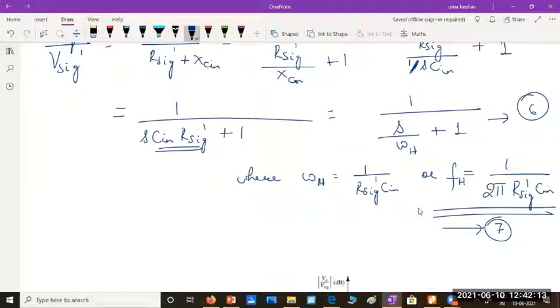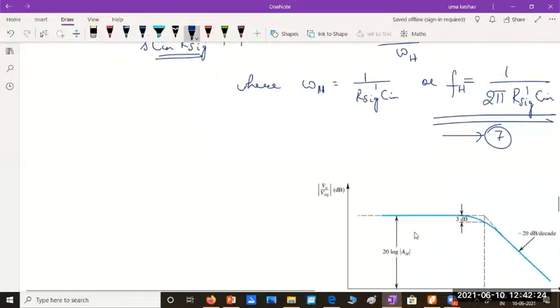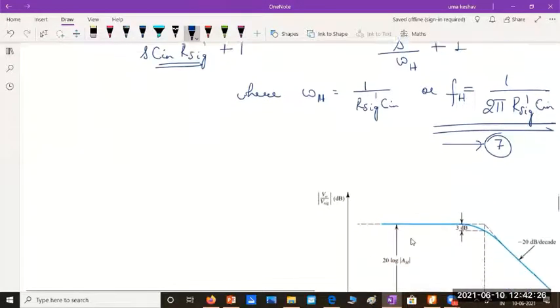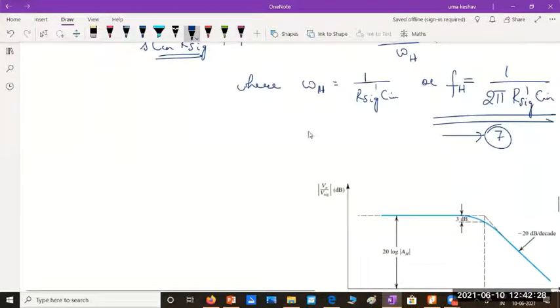In problems, you will be asked to find the higher cutoff frequency. So the higher cutoff frequency omega H is given as 1 by R sig dash into C in. And remember here, what is the value of R sig dash? R sig dash is Rg in parallel with R sig, remember that.